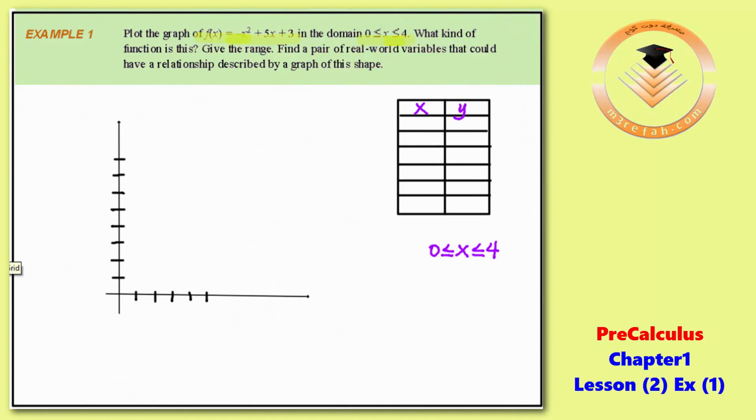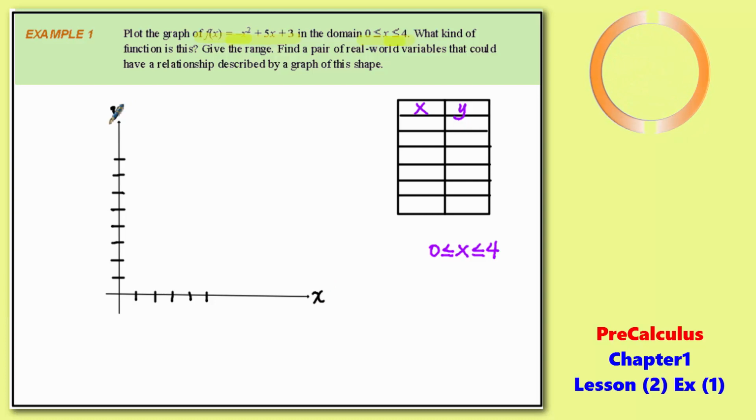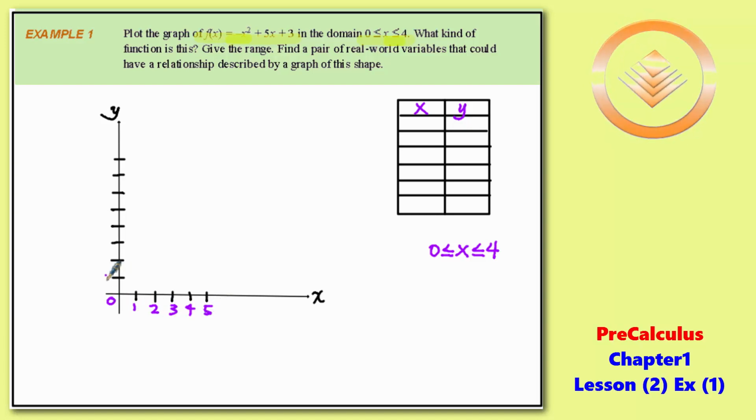Now this is our x, and this is our y. Now we have 0 here. This is the origin. 1, 2, 3, 4, 5. 1, 2, 3, 4, 5.